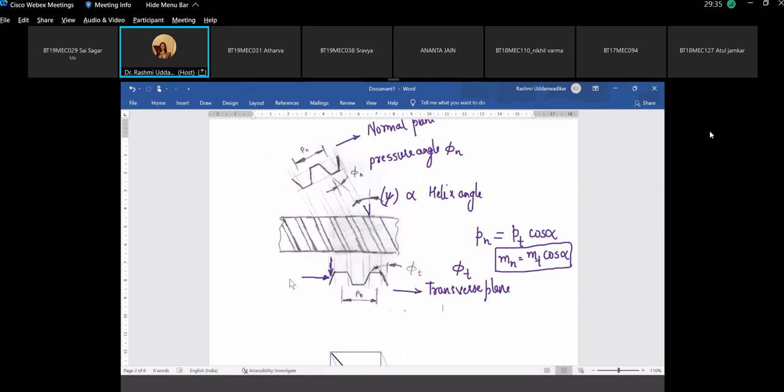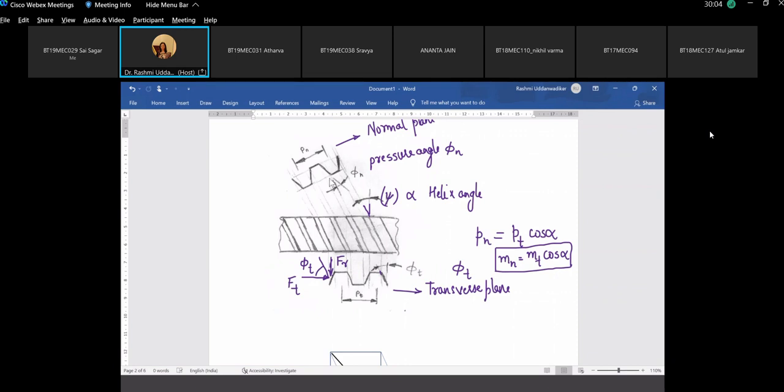This is Ft and Fr, correct? Where this angle is pressure angle.